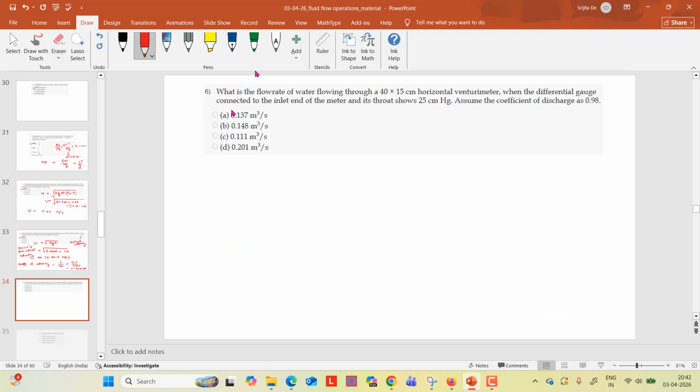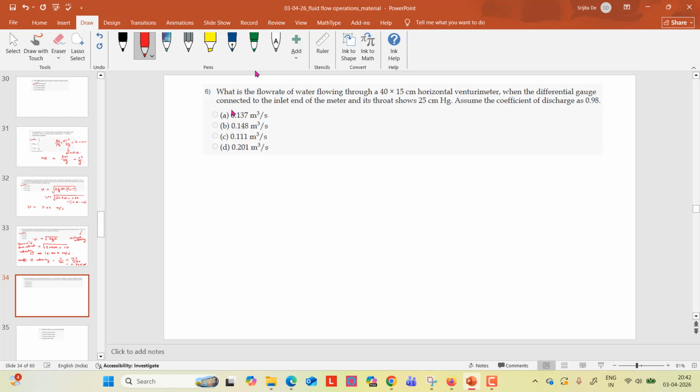Next, what is the flow rate of water flowing through a 40 into 50 centimeter horizontal venturi meter when the differential gauge connected to the inlet end of the meter and its throat shows 25 centimeter mercury, assume the coefficient of discharge is 0.98.